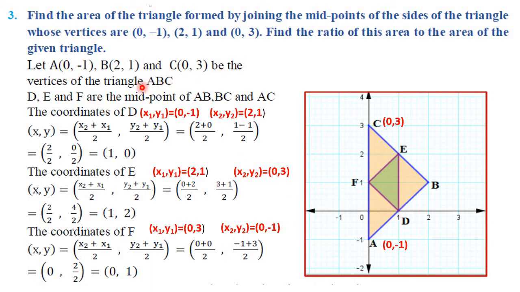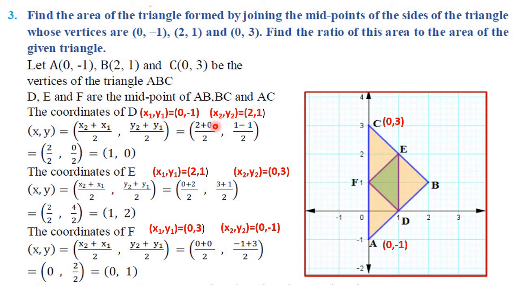So here the vertices are written. D, E, F are the midpoints of AB, BC and AC. Now let us find the coordinates of D. Here A is (0, -1) and the coordinates of B are (2, 1). Let us use the midpoint formula, which is (x2 plus x1) by 2, (y2 plus y1) by 2.